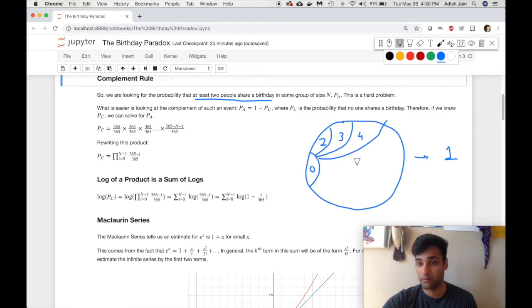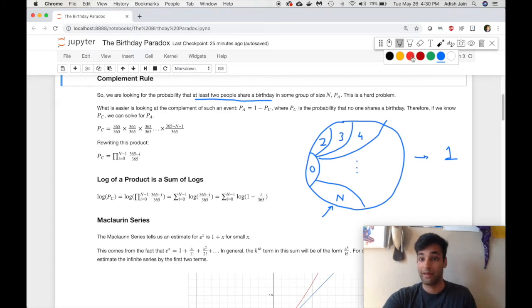And we can create these many different partitions all the way up to all n people in the group sharing a birthday. Now, the odds of this are extremely low, but it is a possible event that can occur, and it has some non-zero probability, and therefore it is part of our probability space, right?